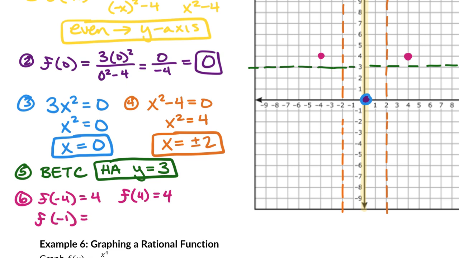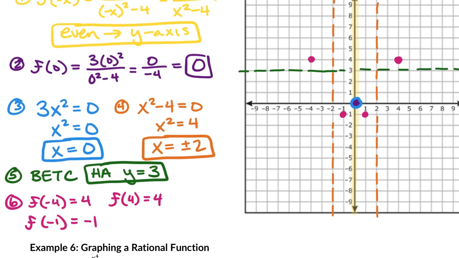Same thing, we plug it in: 3 times (-1) squared, over (-1) squared minus 4. We should get -1. Now, if I have this coordinate point, -1, -1, what is the other coordinate point I have by symmetry? 1, -1. So I have this coordinate point as well.